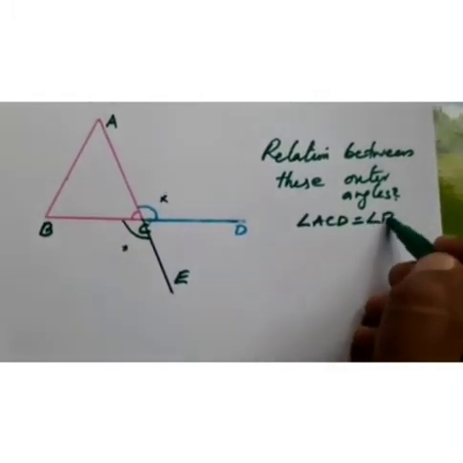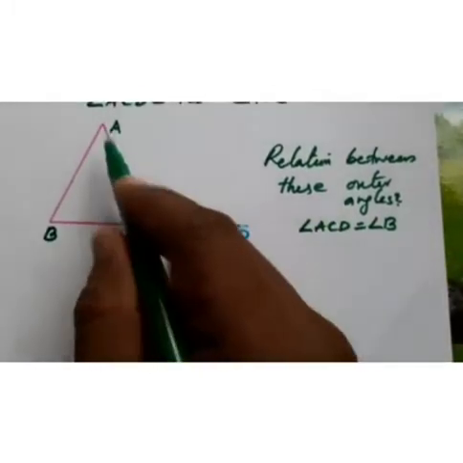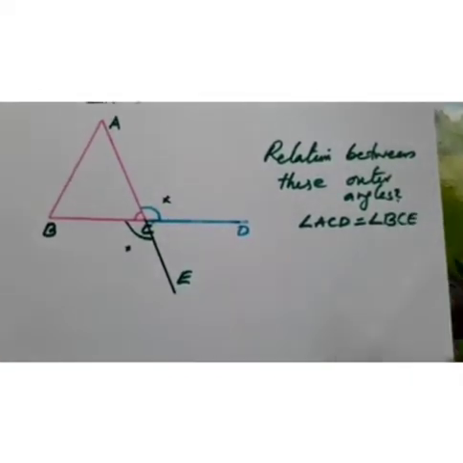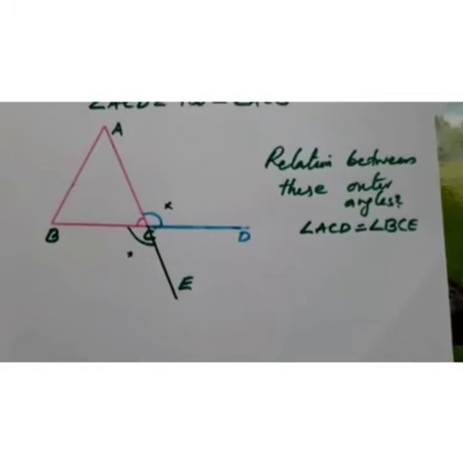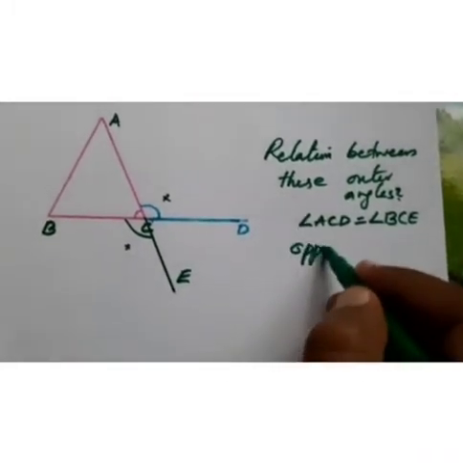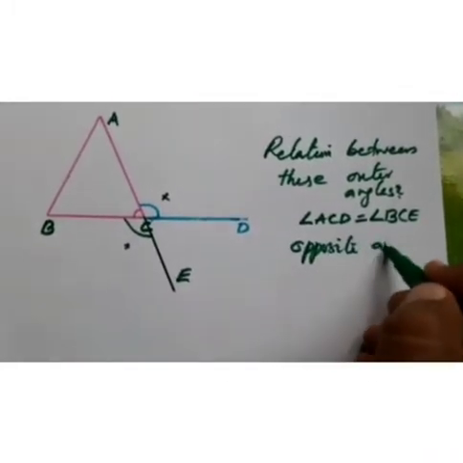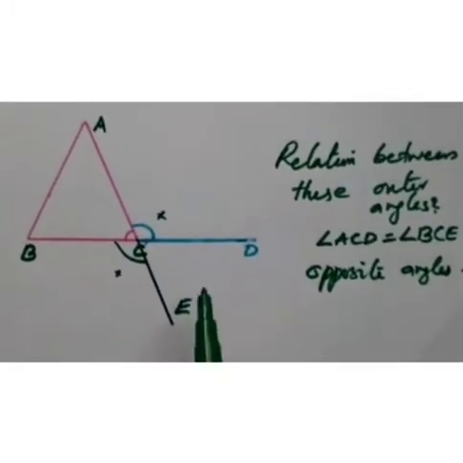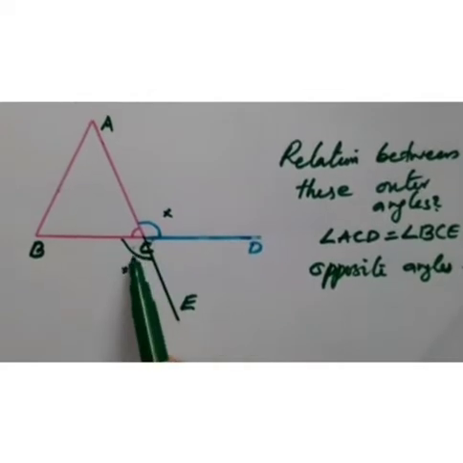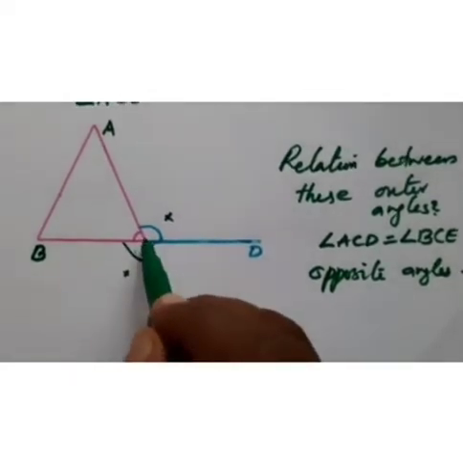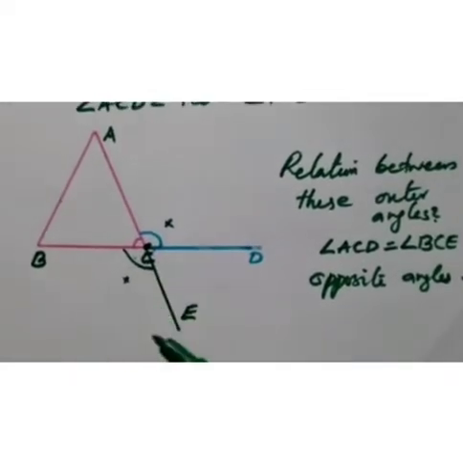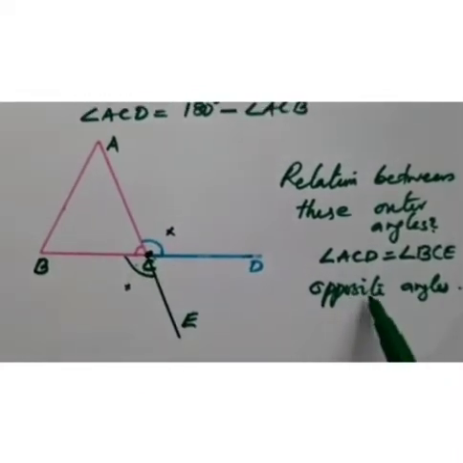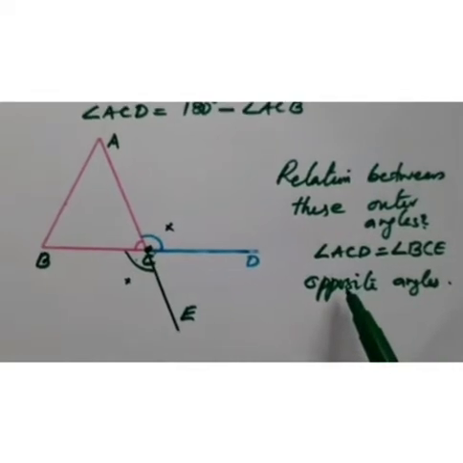Both are equal. Angle ACD and BCE are equal because they are opposite angles. The two outer angles at the same vertex are equal.